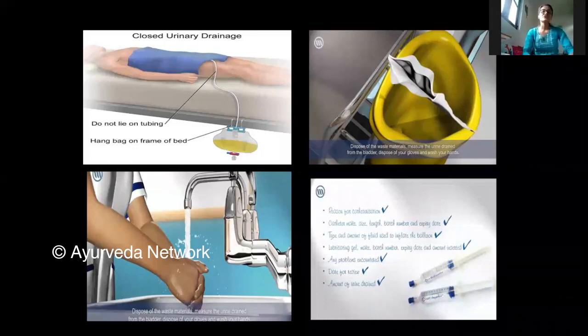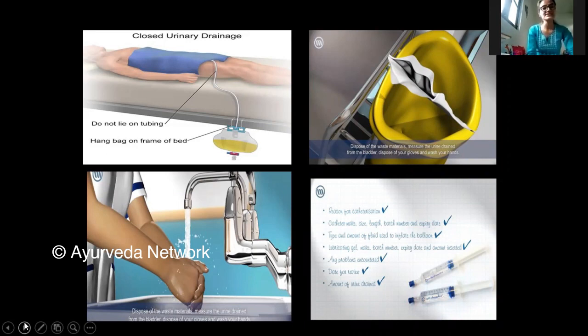So we were discussing that after inserting the female catheter and inflating the balloon, we are going to attach the catheter to the thigh of the patient, and we are going to put the urobag a little below the level of the bladder so that gravity works and the urine flows freely.